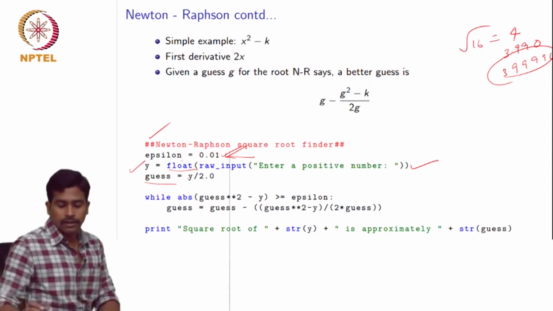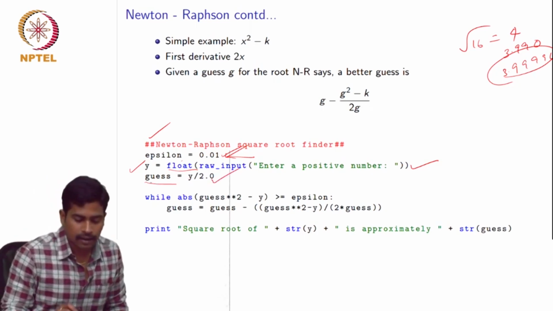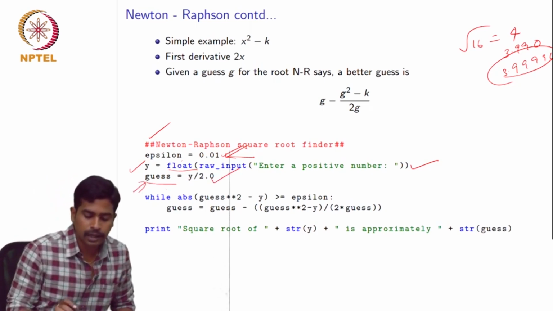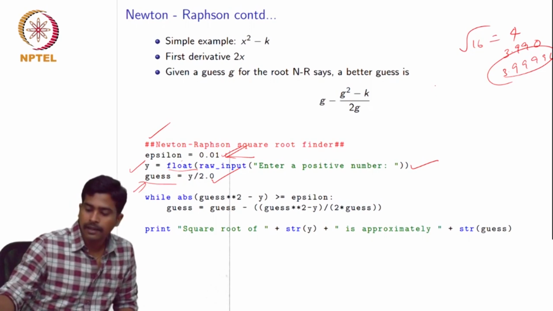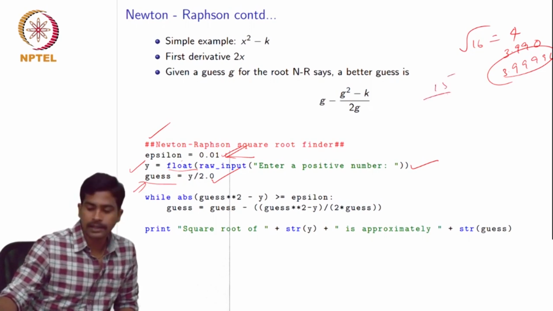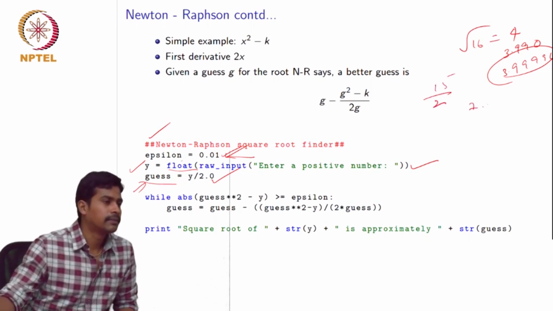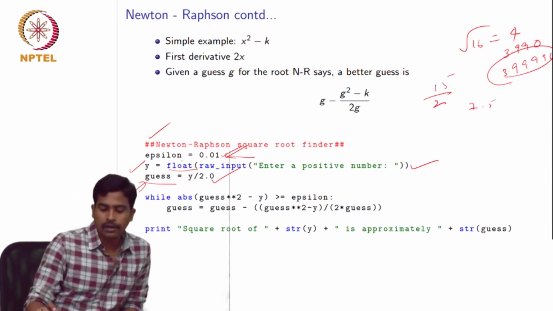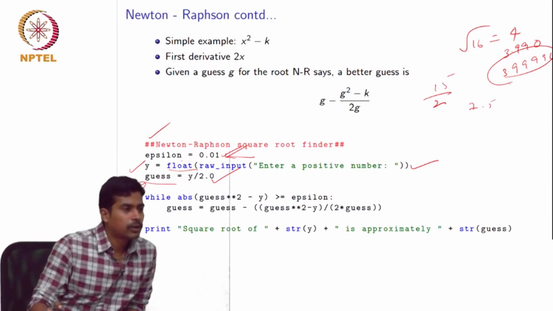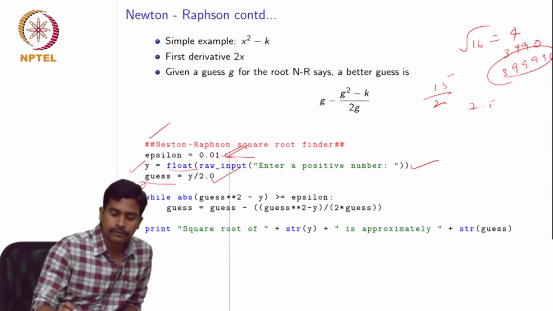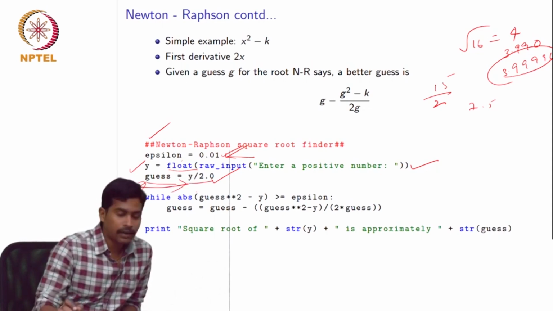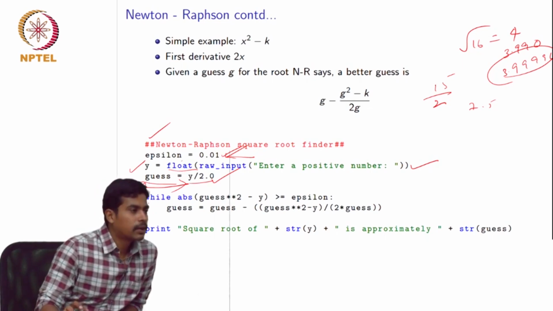If you want to find the root of the number 15, you can start with 15 by 2. In most cases, half of the number is a good starting point to calculate the square root. So in this case we have set guess to half of the given number, and here we are using the while loop to calculate the square root of the number.